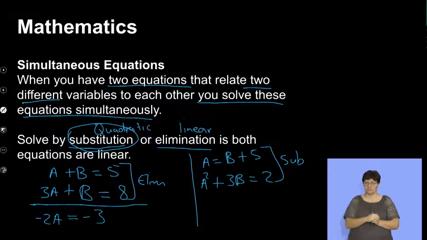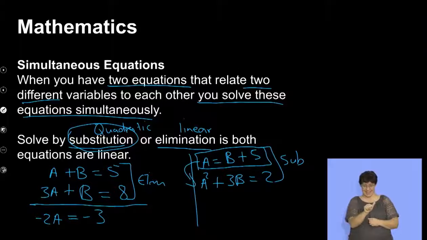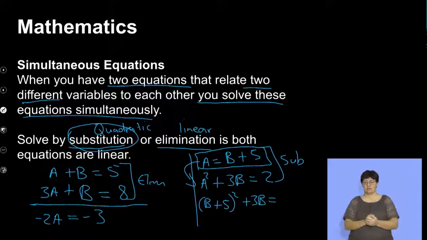What that means is I will take the first equation and substitute it into the second, meaning wherever there is A, I will plug in B plus 5. So that will be B plus 5 all squared plus 3B equals 2.